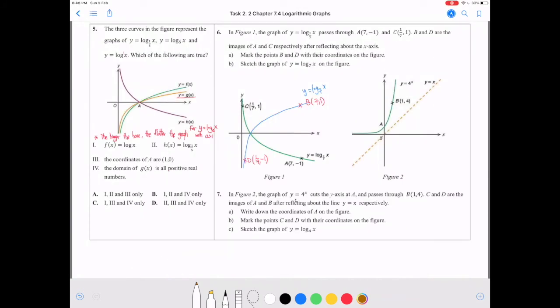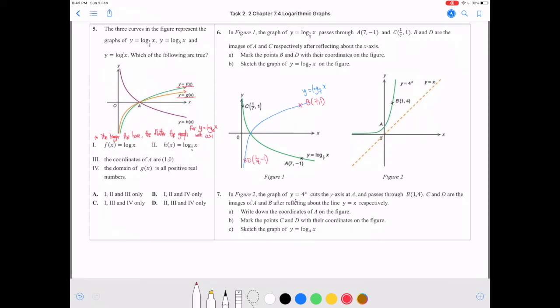Okay, let's look at question 5. The three curves in the graph represent the graphs of y equals log base 1 over 5 of x, y equals log base 5 of x, and y equals log x. Which of the following are true? Let us identify the function and the graph. For f(x) and g(x), you can see their curves are going up, right?